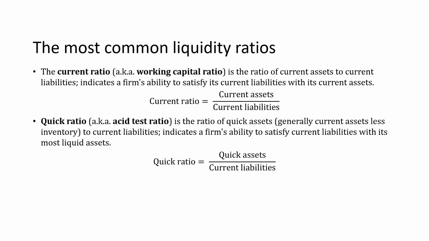That cannot necessarily be done very quickly, say within 90 days. And so we have the use of quick assets, which are usually current assets less inventory. So we take the ratio of the quick assets to current liabilities, and we end up with the quick ratio.